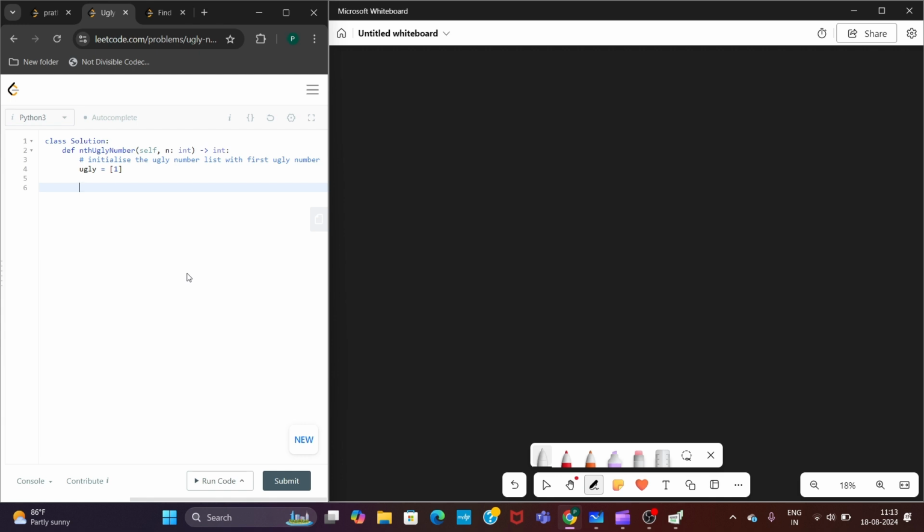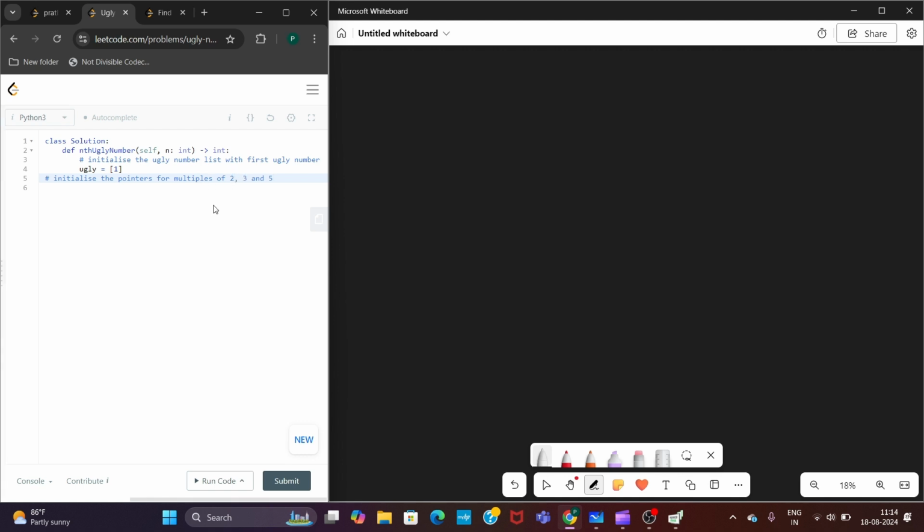Now initialize the pointers for multiples of 2, 3 and 5.